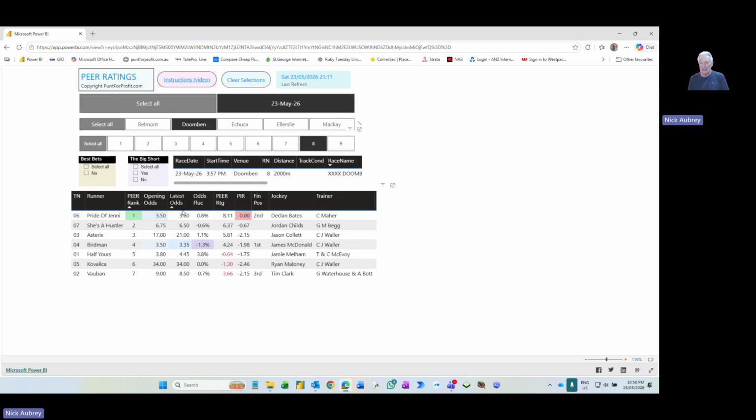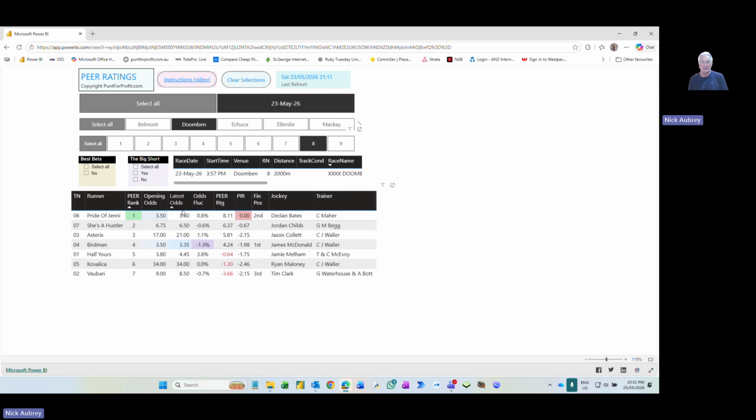It's actually the difference between the inverse of the odds, so the percentage, if you like, of a horse winning between the opening odds and the latest odds. It's the amount of percentage that horse has come in or gone out in the betting. A minus figure means it's shortened.